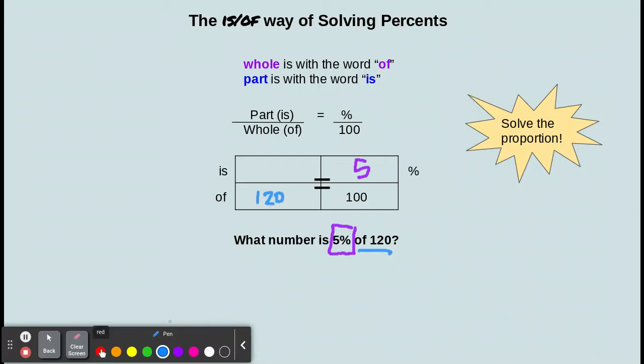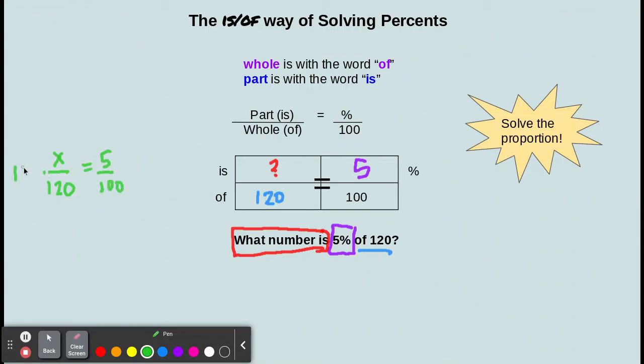And then this one is, what number is. Is comes after, but it is closest to here, right? Does it match anything else? So is, and that's our empty one. That's our what. So this then becomes, if we write it out, x over 120 equals 5 over 100.